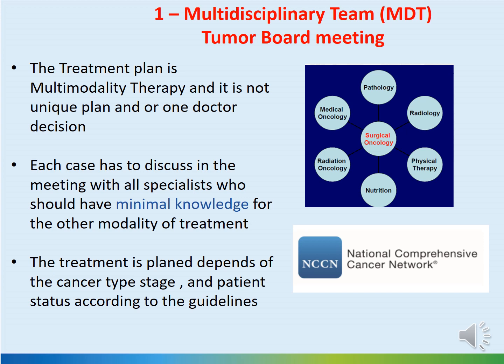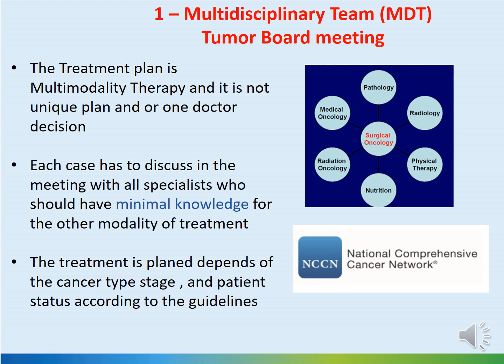And actually, when we put this treatment plan together, we do it according to, as I said before, the stage of cancer, the type of cancer, and the patient's situation. And we follow some international guidelines. The most common guidelines we follow are the NCCN guidelines, the National Comprehensive Cancer Network.